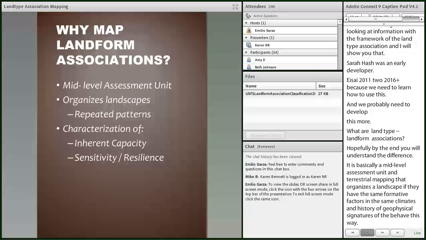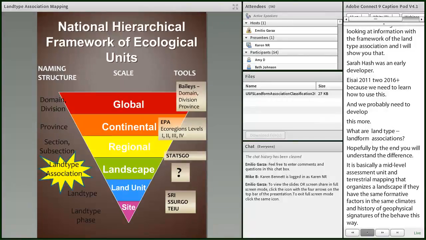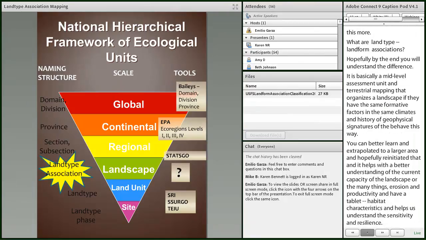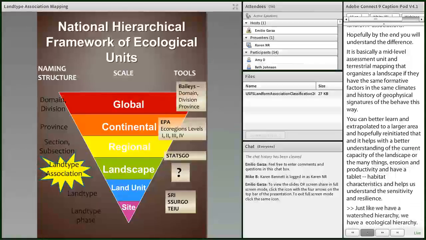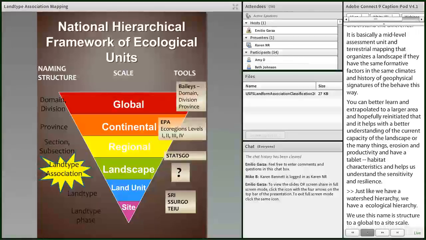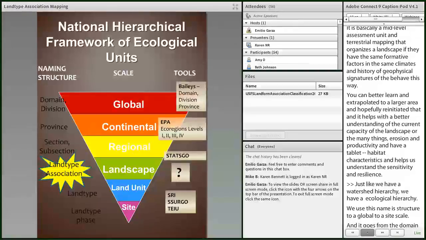I think I can use these arrows. There. So just like we have a watershed hierarchy, we have a terrestrial ecological unit hierarchy. The Forest Service uses this naming structure from the global scale to the site scale, and goes from the domain all the way down to a land type phase. Land type and land type phase are what people traditionally think of as a soil survey.